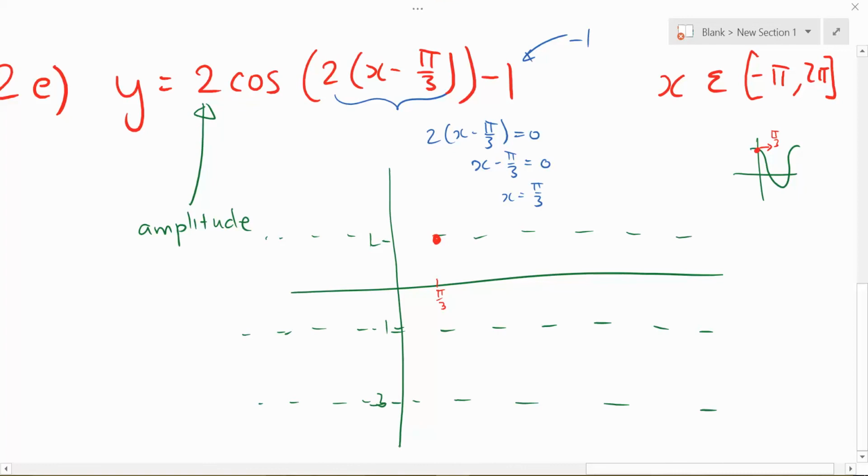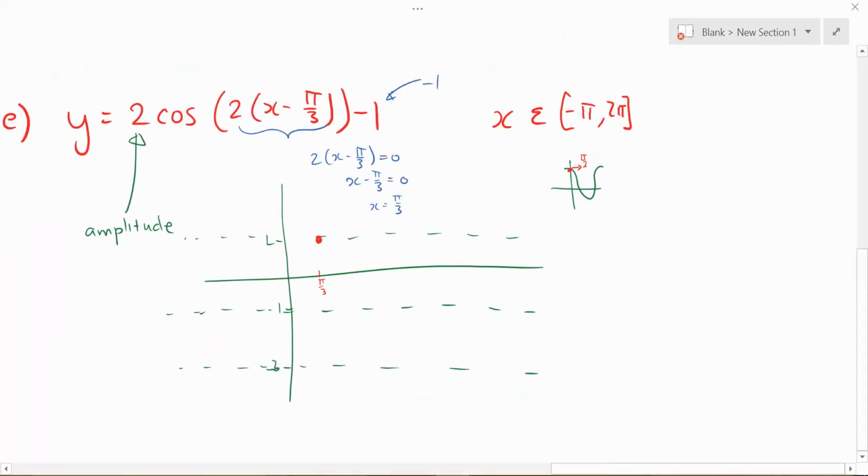I know it's here. Now, what I need is a quarter cycle. Every quarter cycle from here will tell me where the next point is. So, let's take a step out. To find your quarter cycle, you need your period. In order to get your period, it's dependent on what you're multiplying to x, the b value. The number that's multiplied to x right now is 2.